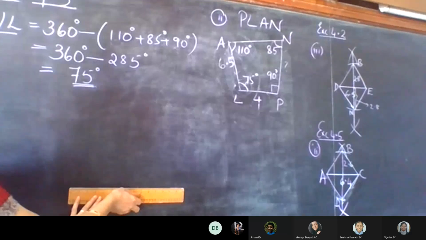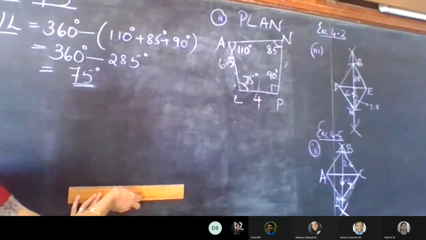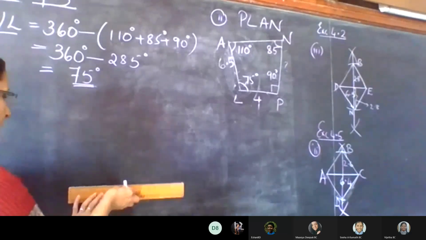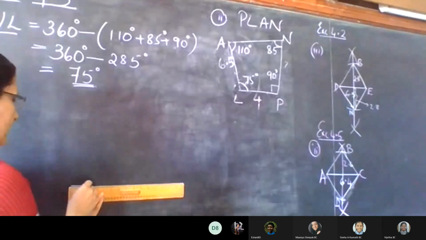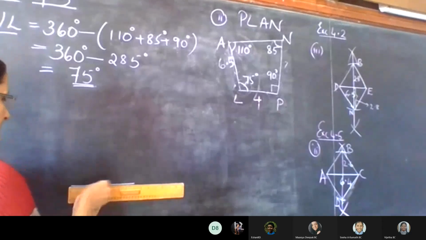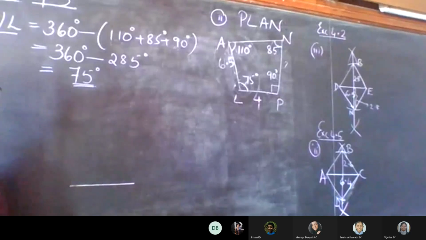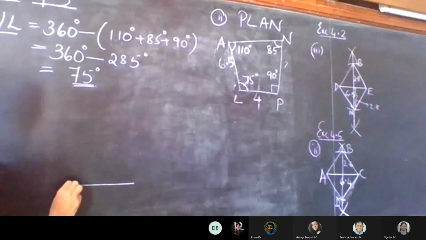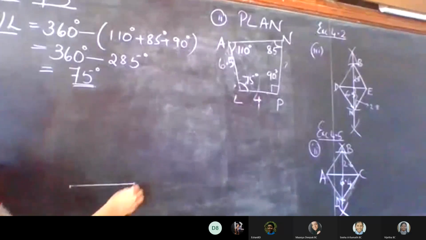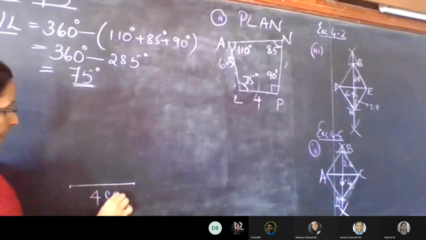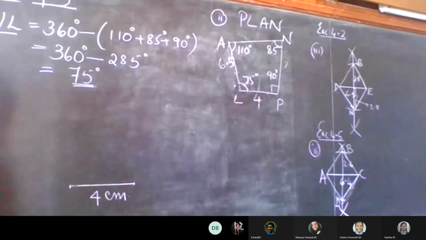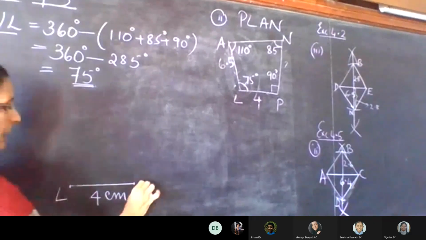I will erase it later when I complete the construction. You will understand why, because it will be tall. You are drawing with me. Yeah, ma'am, we are drawing it. I have drawn 4 centimeter. What should be the vertex names at the ends? L and T.